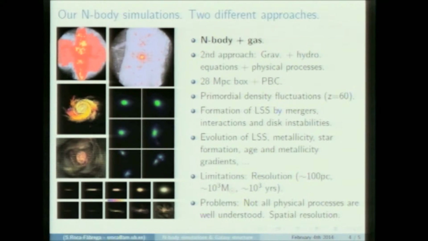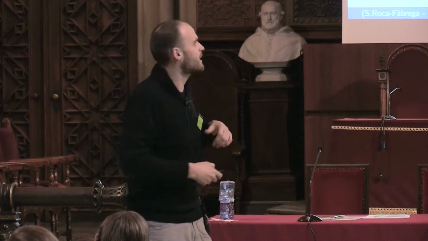We let these density fluctuations collapse and form dark matter halos. The baryons cool down inside the halos. These baryons start the star formation, and at the end, at redshift 0, we obtain realistic galaxies, and we can study the formation of large-scale structures due to the mergers, due to the interaction with other galaxies, which we cannot do with the other simulation, which is an isolated galaxy simulation.